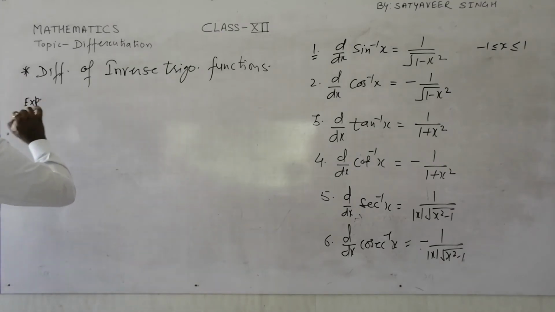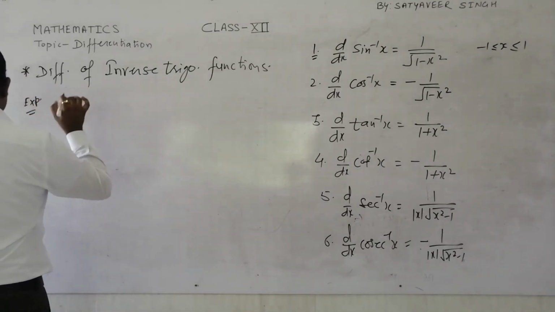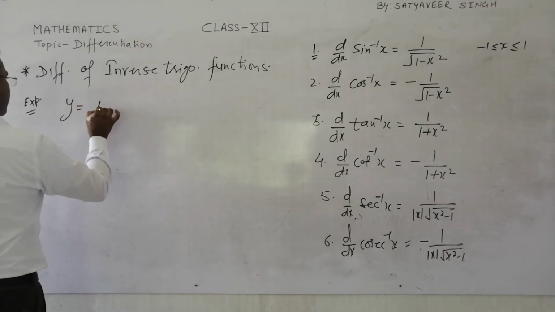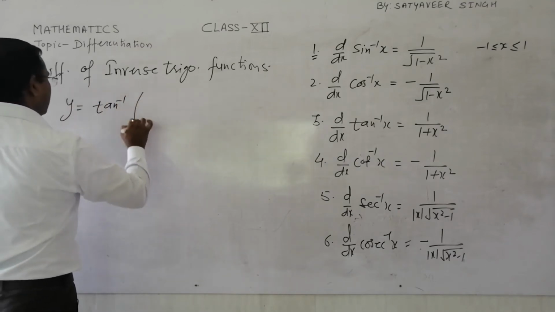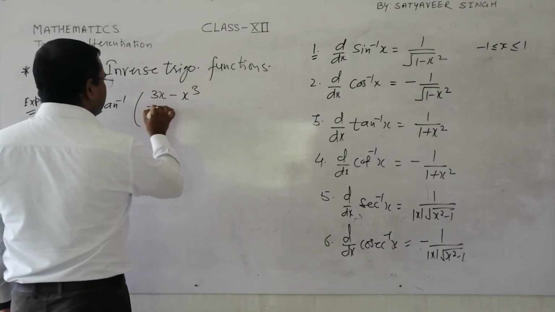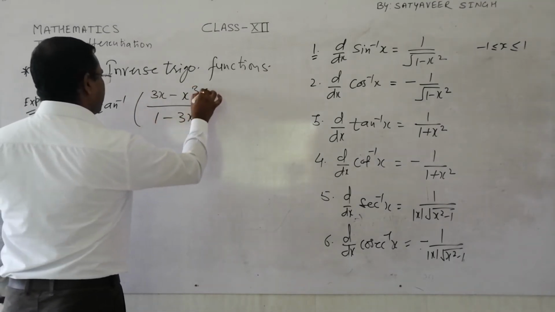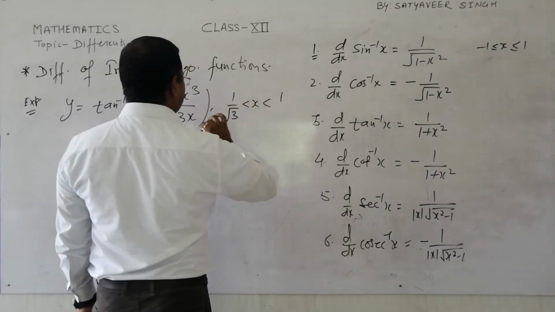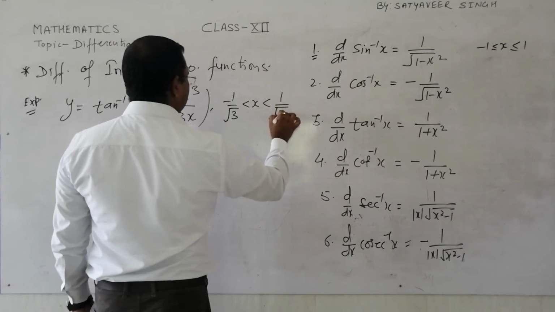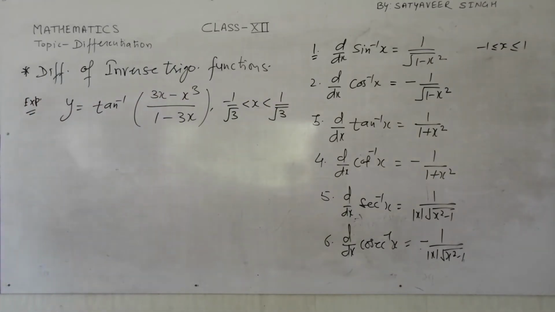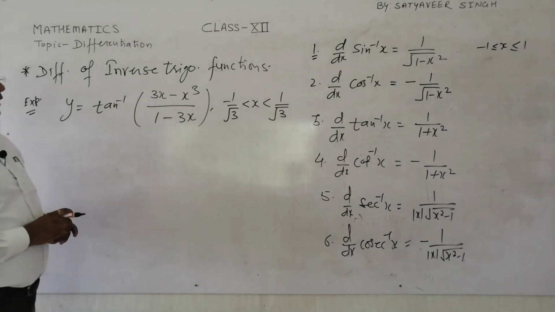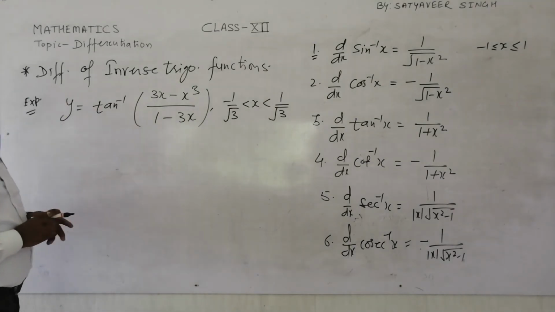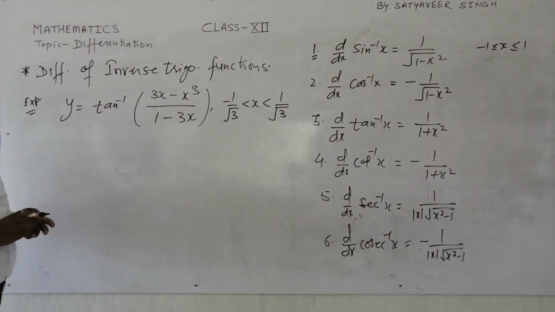Maybe the question is, suppose it is given y is equal to tan inverse of (3x minus x cube) upon (1 minus 3x square), where x is greater than minus 1 upon root 3 and less than 1 upon root 3. So this is one question I have taken. This is an inverse trigonometric function. We want to differentiate this.